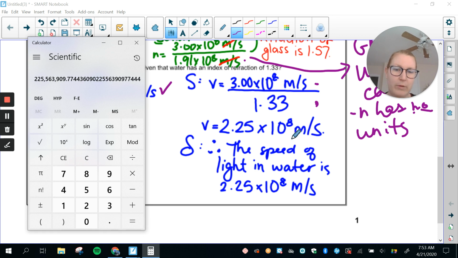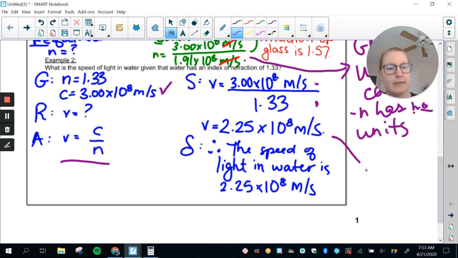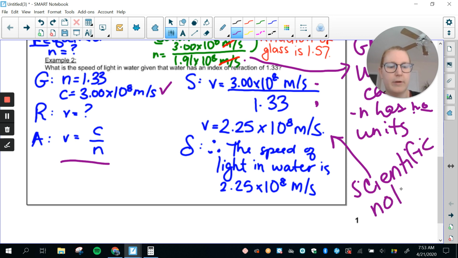When I rewrite this, I should always leave my answer, if possible, in scientific notation, because no one wants to read a huge, massive number like 225 million.